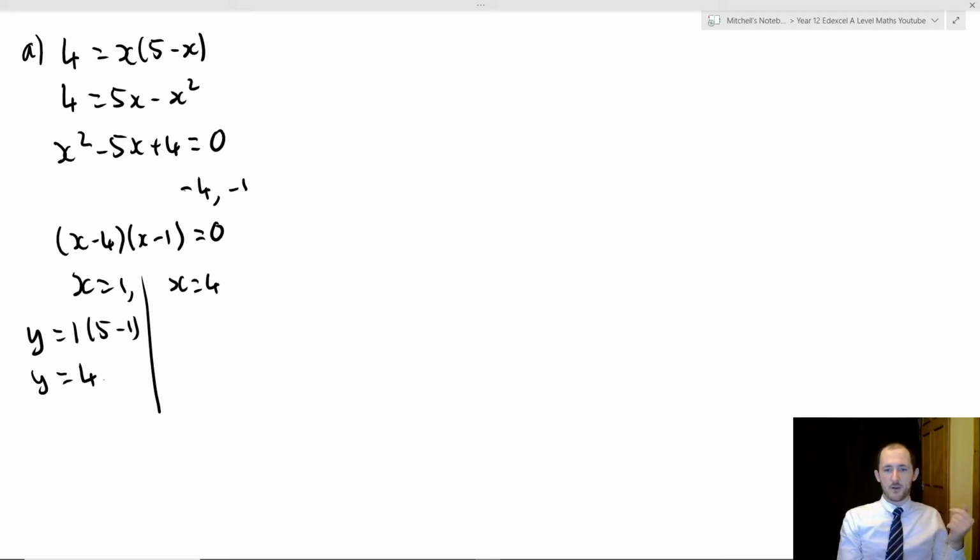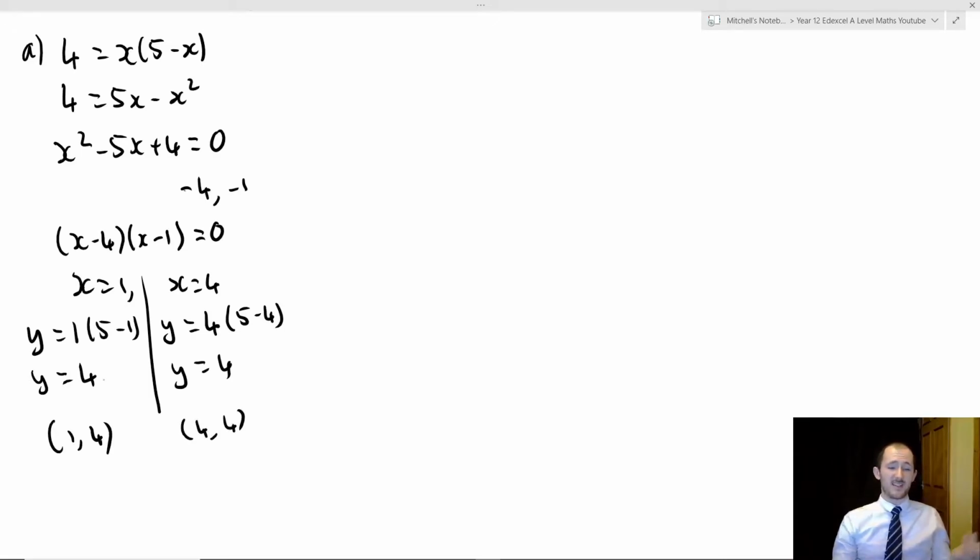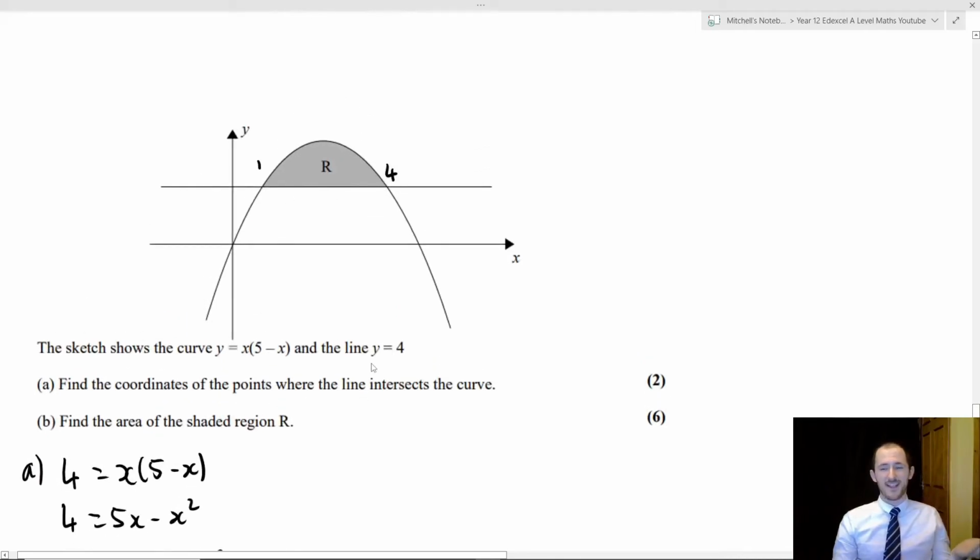Subbing in 4 as well, you get y equals 4 times (5 minus 4), shockingly 4. So our 2 coordinates are (1, 4) and (4, 4). Again, you don't actually need to sub it in to find what the y value is, if it's obvious from the fact that the line is y equals 4, okay?